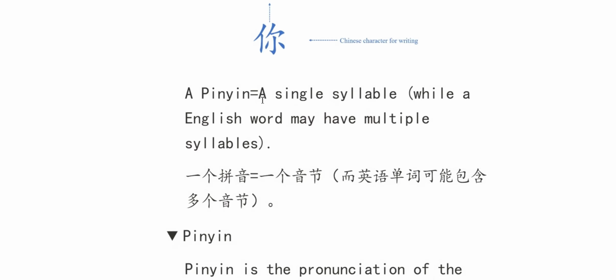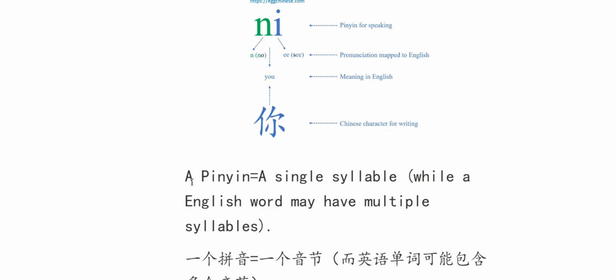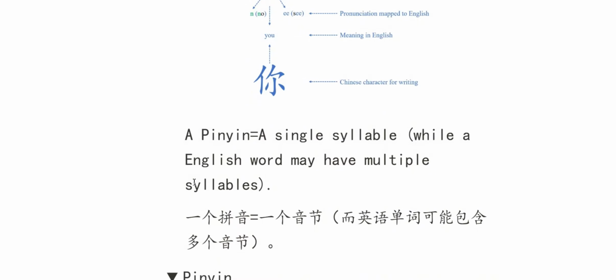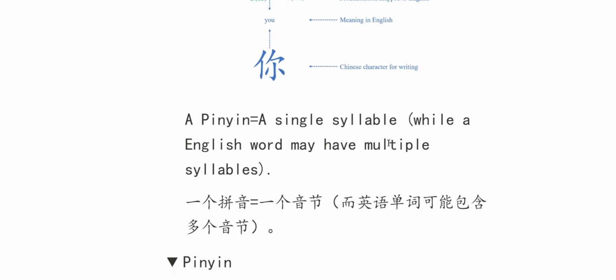So a pinyin is a single syllable, while an English word may have multiple syllables. So here we want to emphasize a character has only 1 pinyin at one time, and a pinyin is only a single syllable.